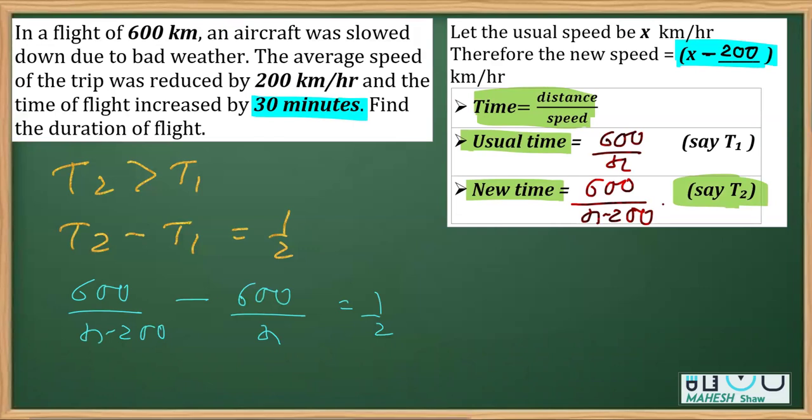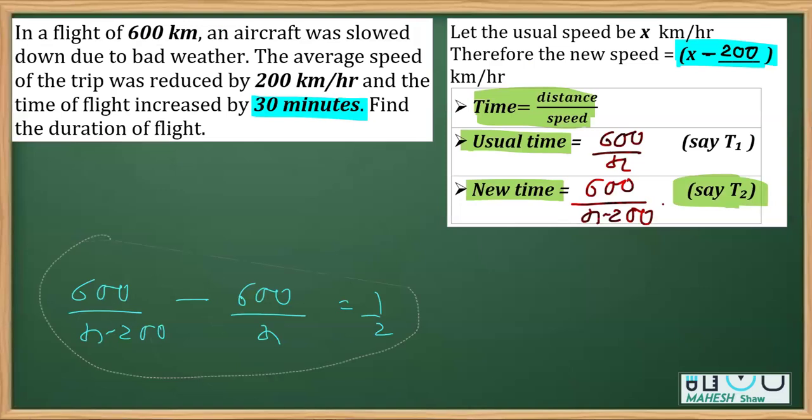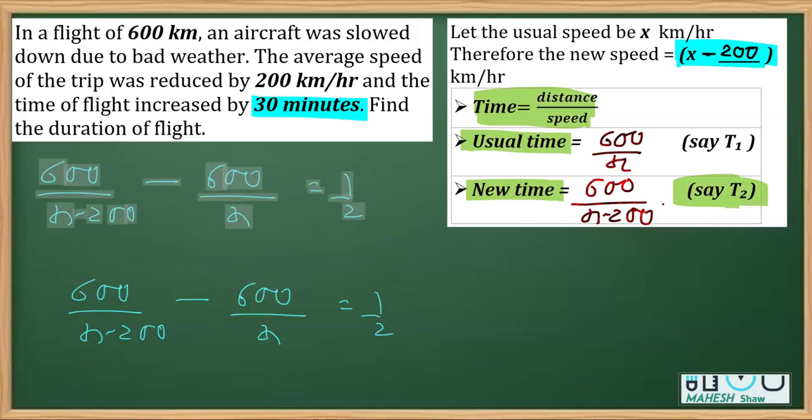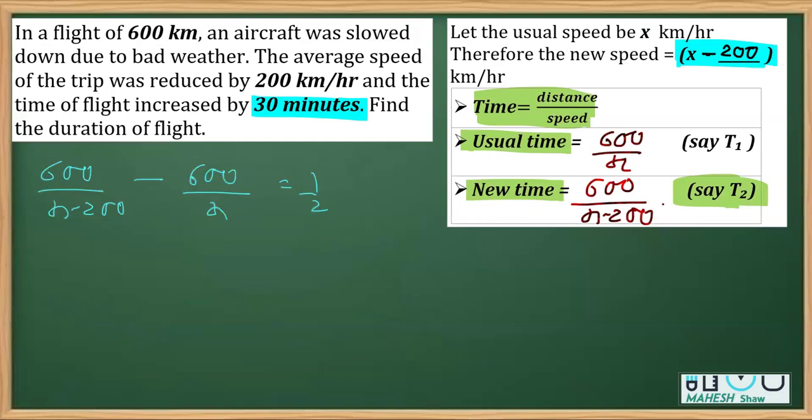Now, further, we are going to simplify this, and I can take 600 common, right? So if I take 600 as common, we are going to get 1 over x minus 200 minus 1 over x is equal to 1 over 2.